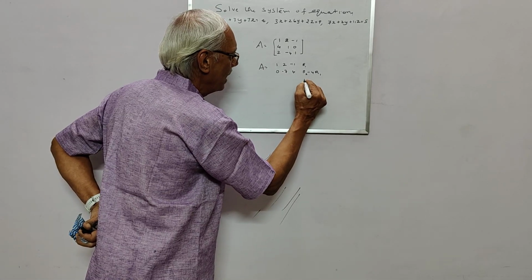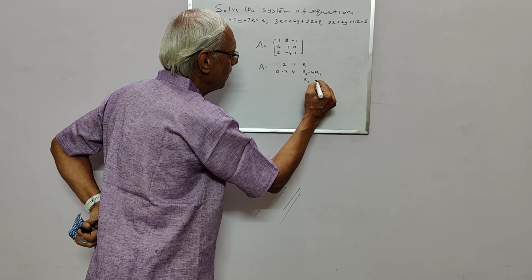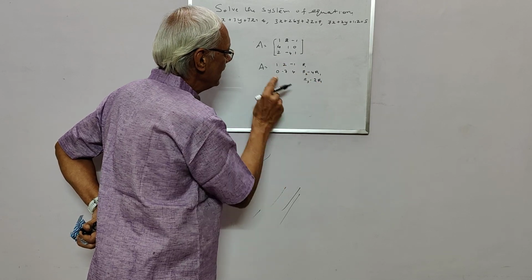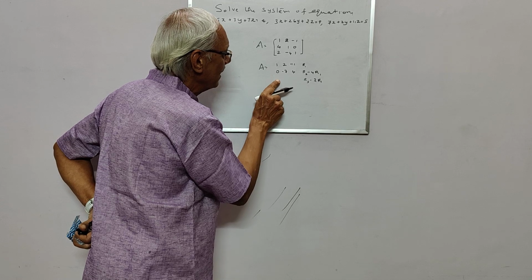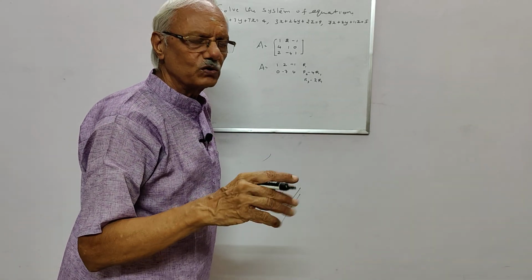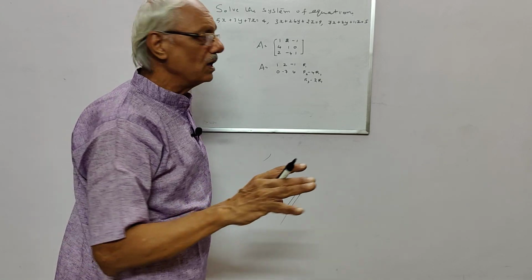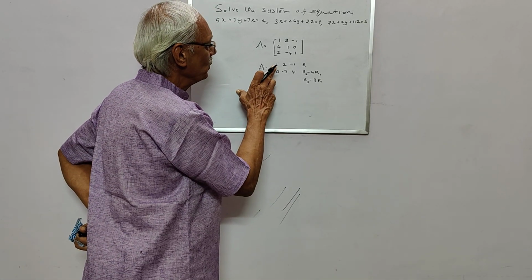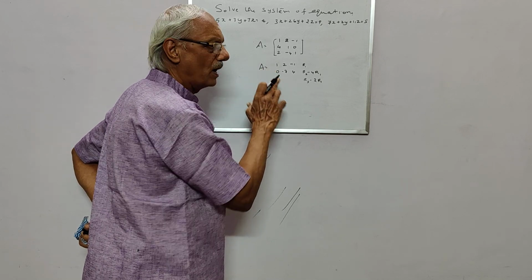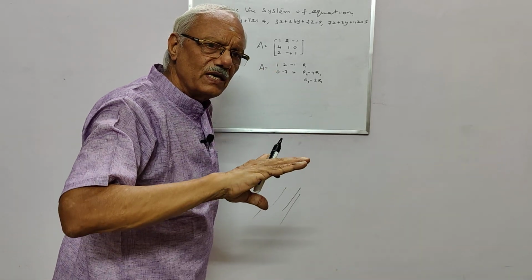Same way I will write R3 minus 2R1, since I must get rid of this 2. I will try to bring the first elements of the second, third and fourth rows all to 0. The method is that you try to keep this as 1. Even if you do not have 1, you try to do something.